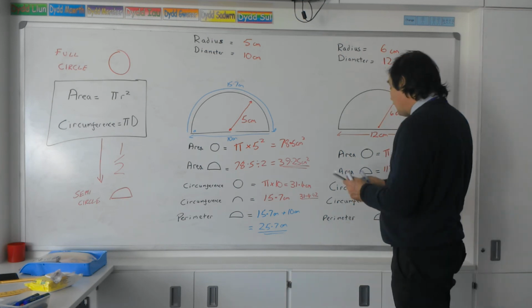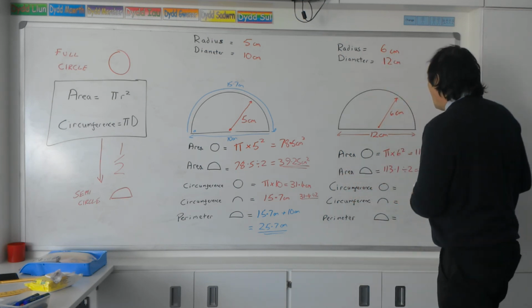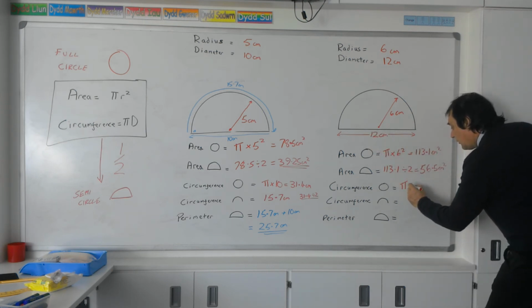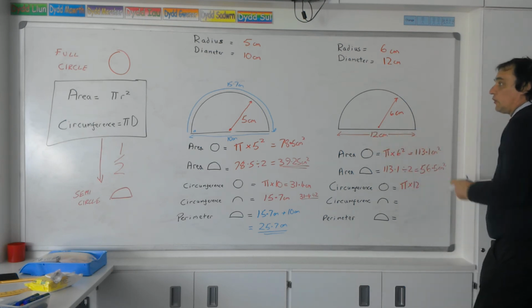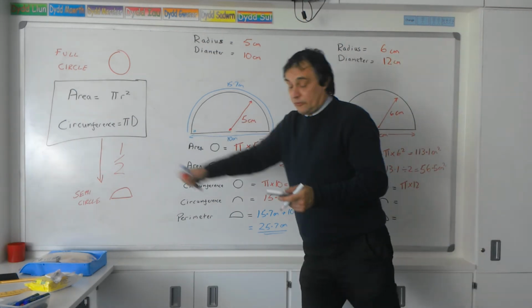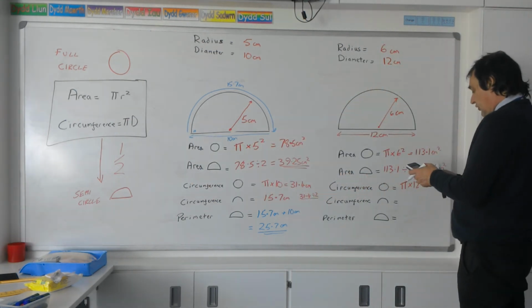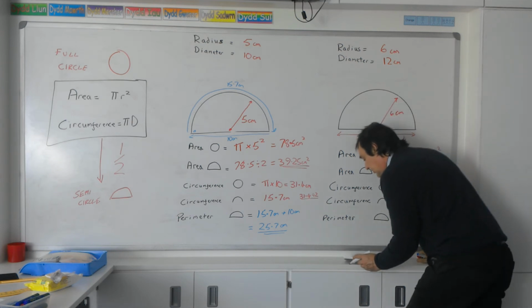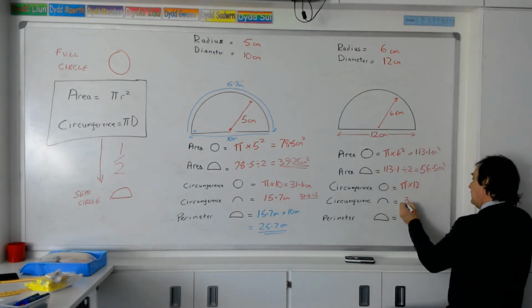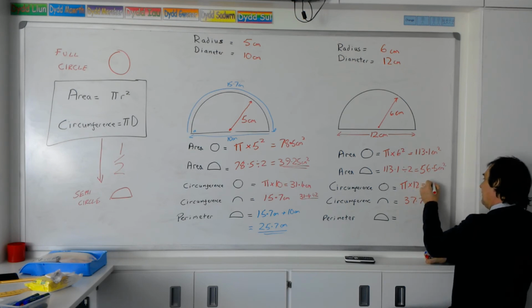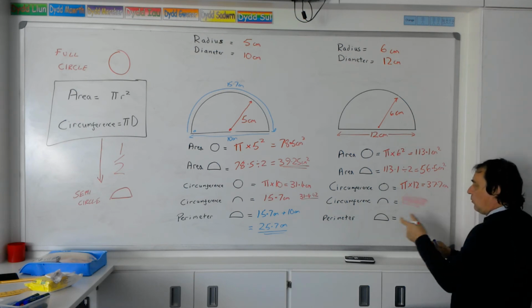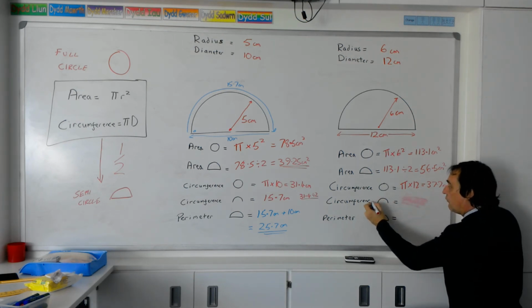Right, circumference, if it was a whole circle, so we're going on to the perimeter bit, area is dusted now. For the circumference of a whole circle, we've got to go pi times diameter, so it's going to be pi times 12, because our diameter is 12 in this case, remember, circumference pi times diameter. So pi times 12 is 37.7 centimetres. Then we've got to work out the circumference of halfway round the circle.